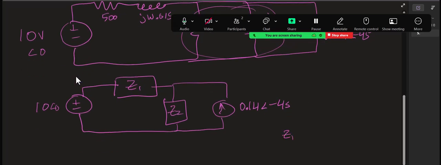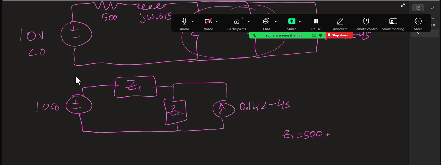So Z1 would equal 500 plus, omega is given as 33.33 kiloradians per second.